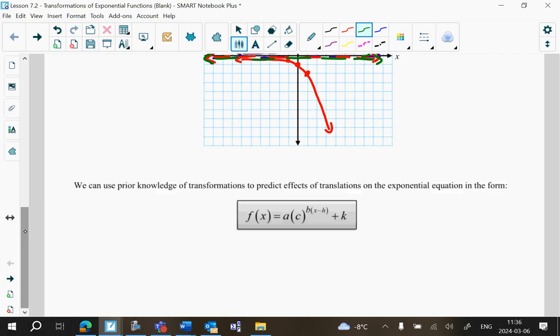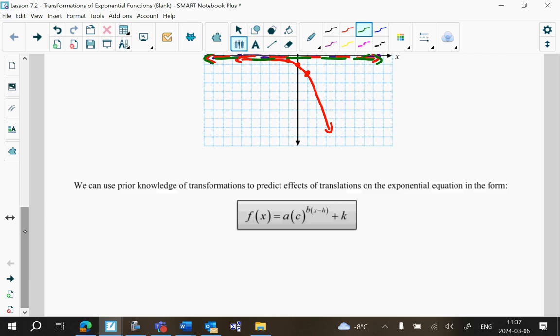What does A do to a function? What does the number in front do? Two things. Flips it if it's negative, and if it's a number here, stretches it vertically times by whatever that number is.